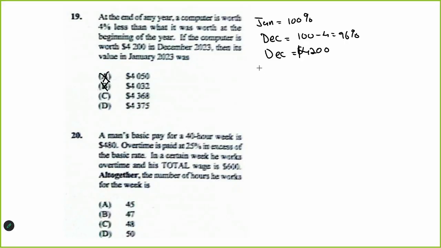So let's find out. If 96% is 4,200, then 1% is 4,200 divided by 96. Then 100% would be 4,200 divided by 96 multiplied by 100 over 1.